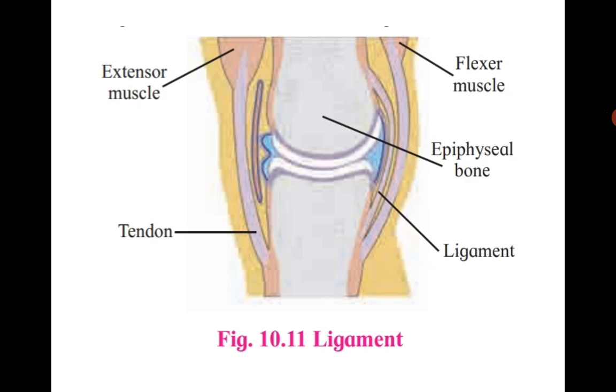In this figure, two different bones are united, and these two bones are bound with the help of ligament, as well as supported by tendons. The end part of both bones is called the epiphyseal plate of bone.